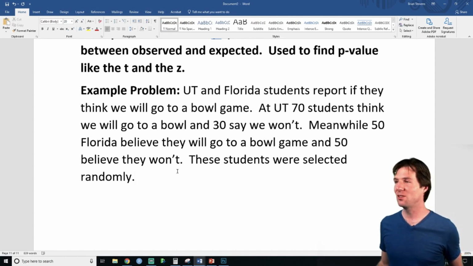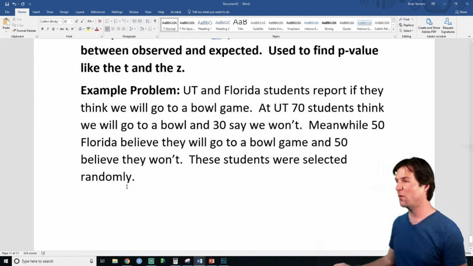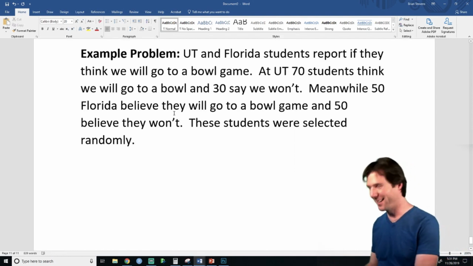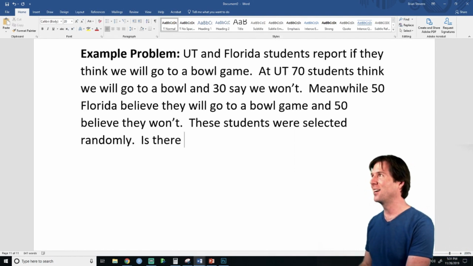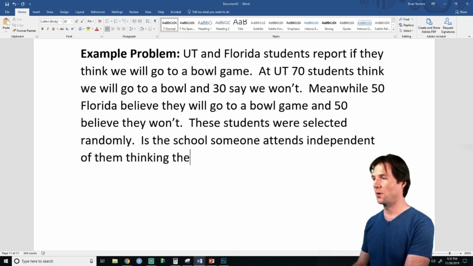So these students were selected randomly. We are good to go on this. Now we're going to take our 4 steps to doing this. Let's write this right here. Are these 2 variables independent?